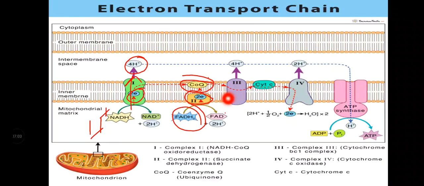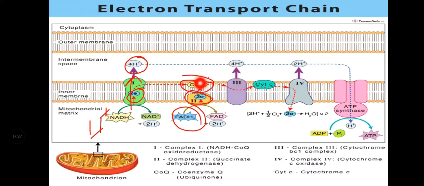Once complex 3 receives these electrons, it gets energized and also pumps 4 protons from the inner mitochondrial matrix into the intermembrane space.